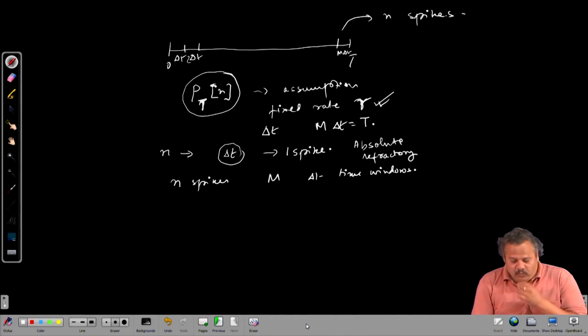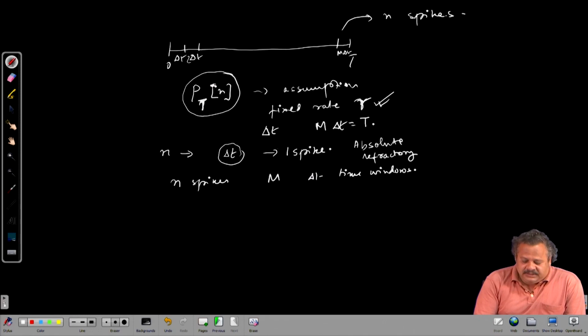The way in which we can put in the n spikes is by choosing those n bins, and the probability of observing spikes in those n bins is simply R times delta T to the power n, because they are independent.